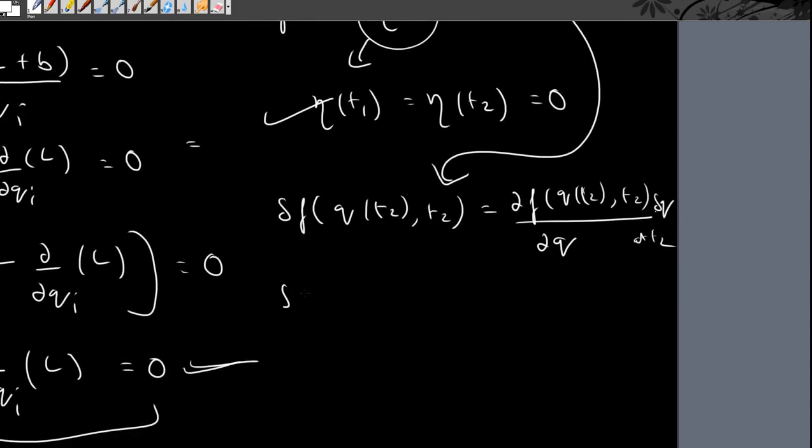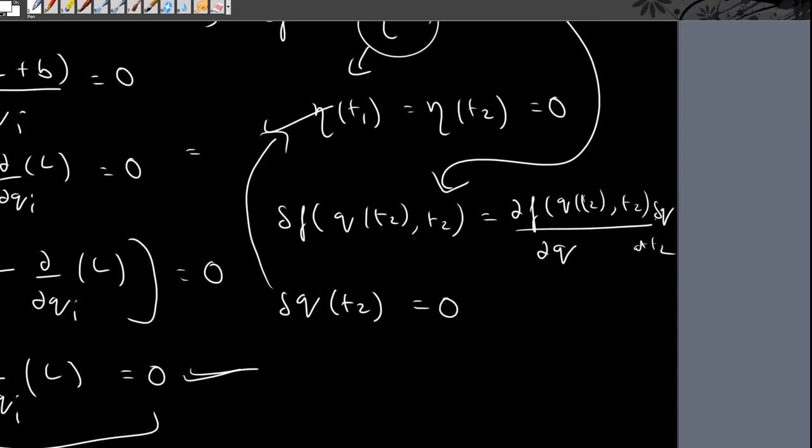So the variation in q at t2 is basically 0 because of this definition.